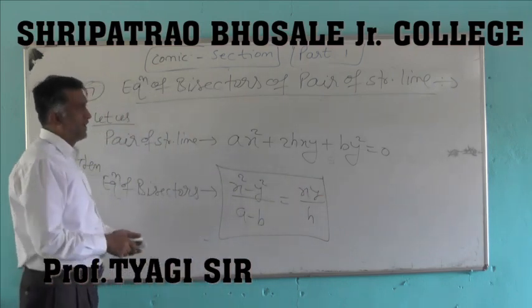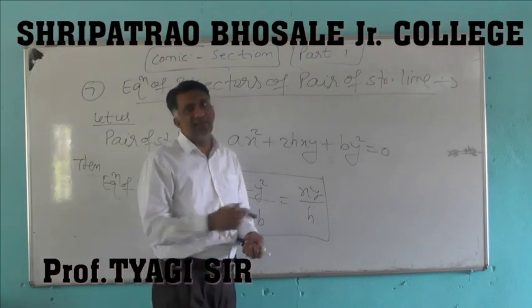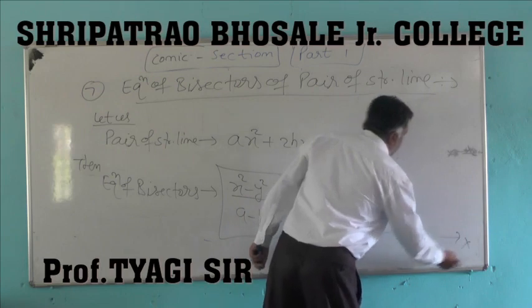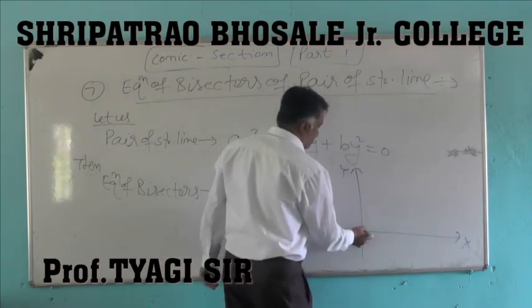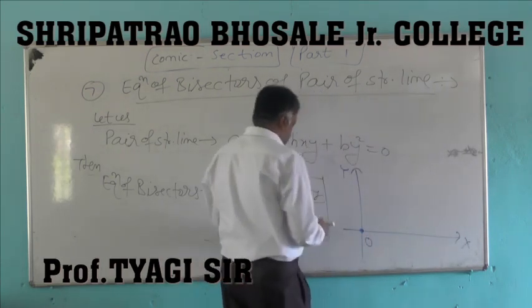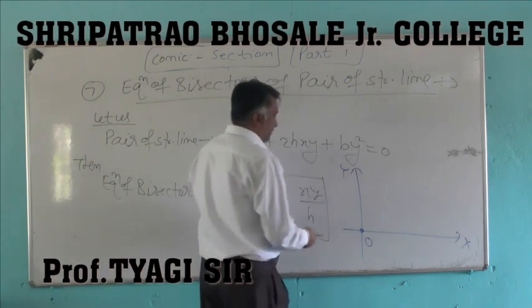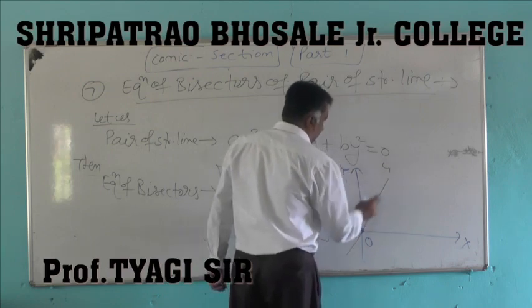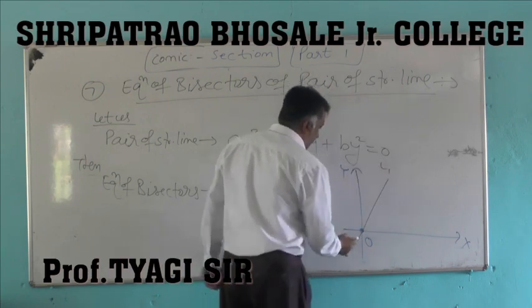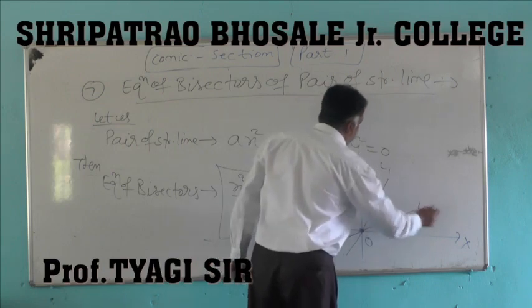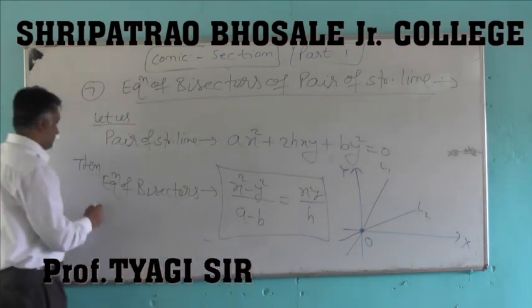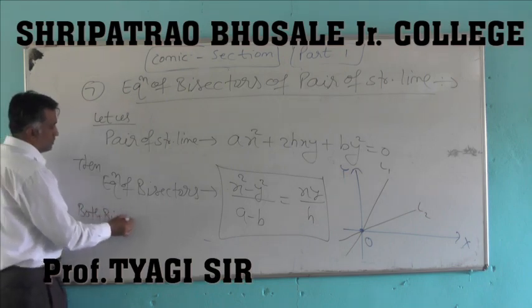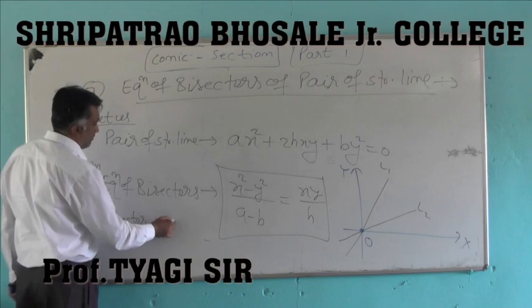Let us suppose we have, my dear students, two lines L1 and L2. It is the x-axis, it is the y-axis. Let us suppose it is the origin. We have two lines called L1 and L2. We should remember both bisectors are perpendicular.